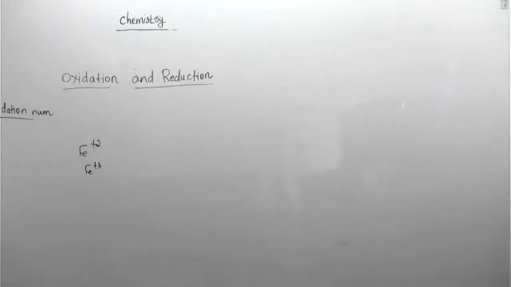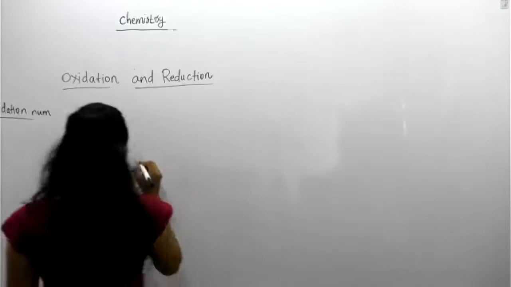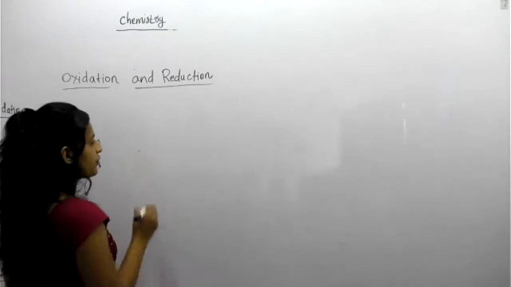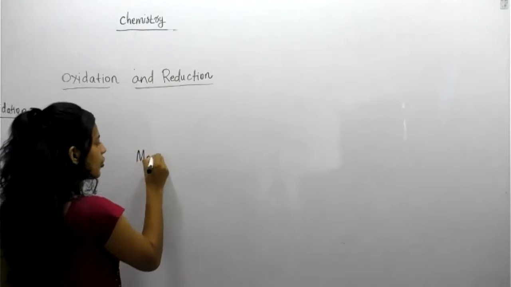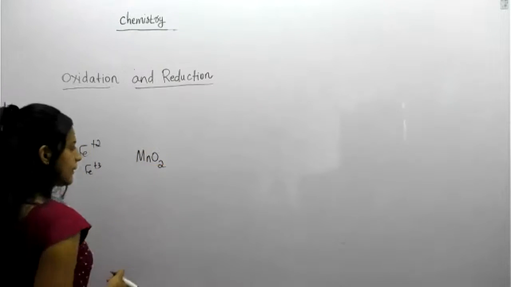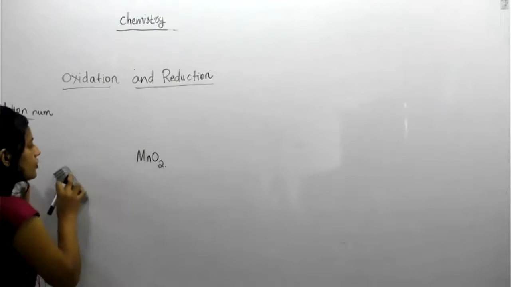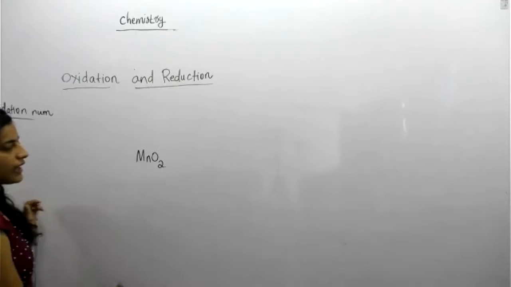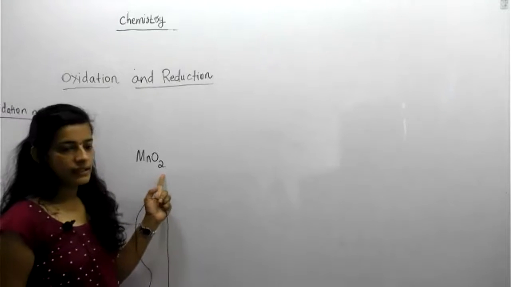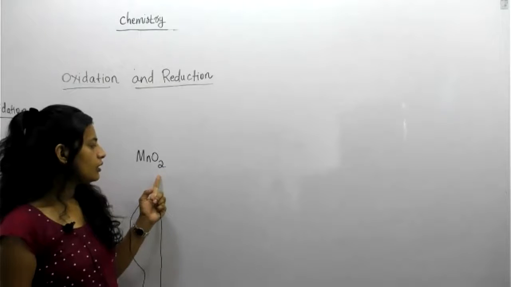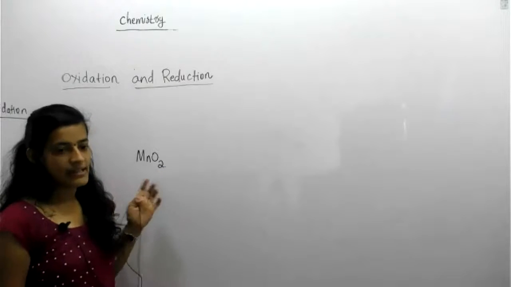We can go through one example, then it becomes helpful for you. Oxidation number. Suppose you want to find the oxidation number in MnO2. Here, oxygen, I think you know the valency related term.